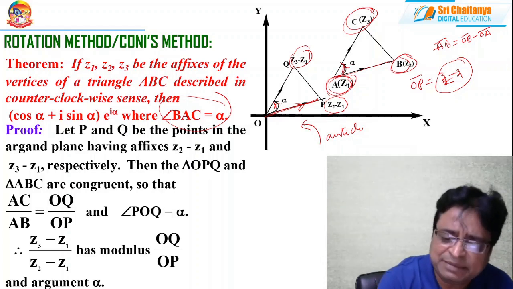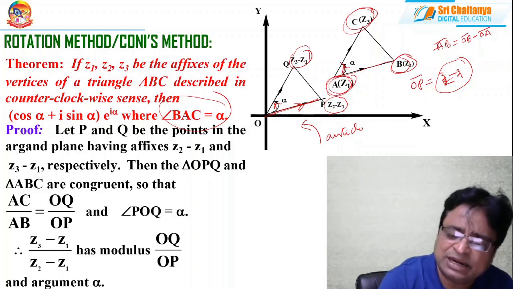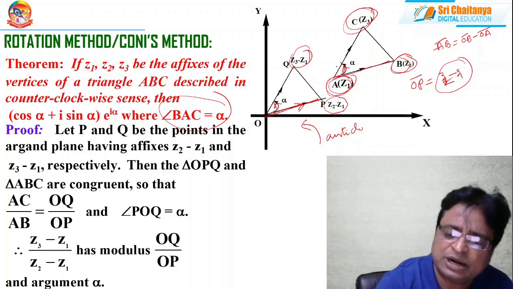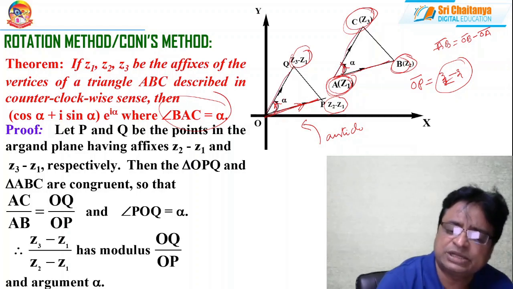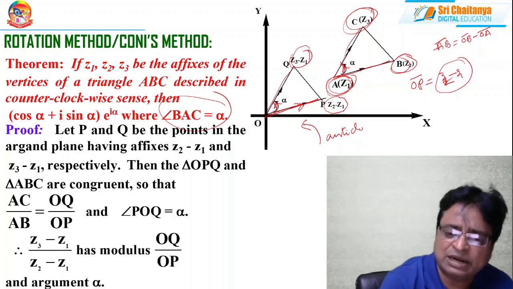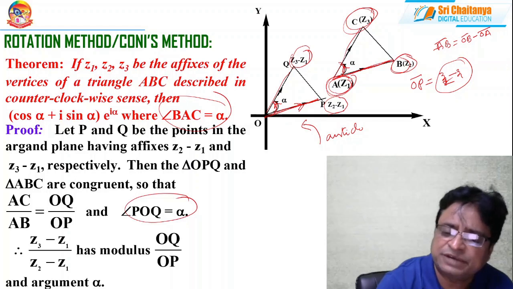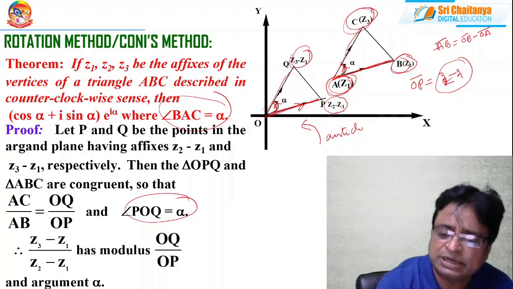Since this is the line parallel to here and this is the line parallel to here, the same angle holds good here. So angle POQ is equal to alpha. Here the modulus of AC is nothing but OQ, and the modulus of AB is nothing but OP.